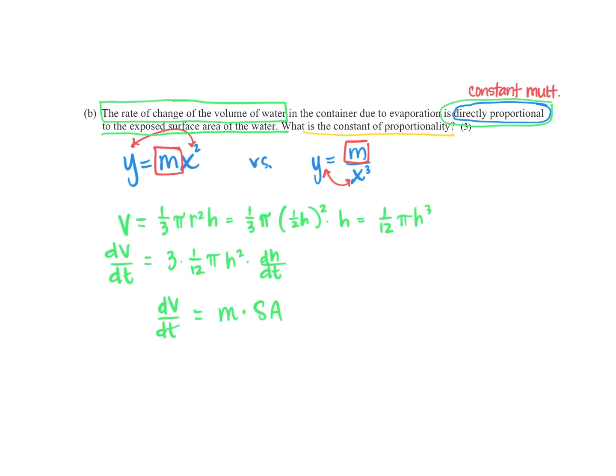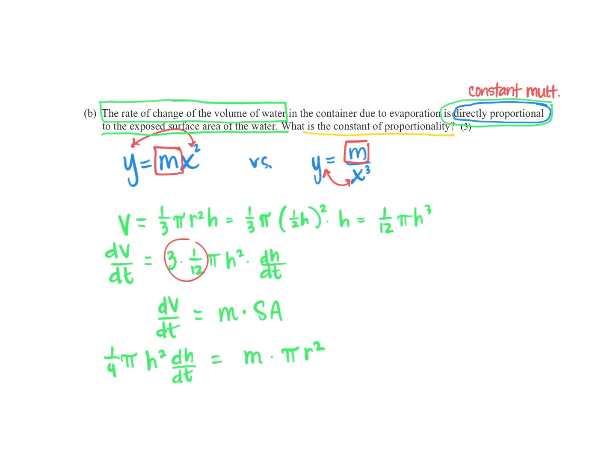I'm going to simplify that to 1/4. So 1/4 of pi times h squared dh/dt is going to be equal to some constant, and then the surface area equation is pi r squared.